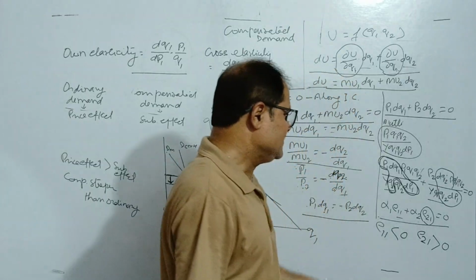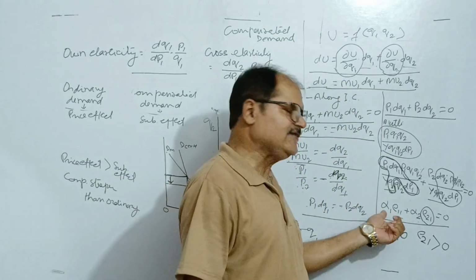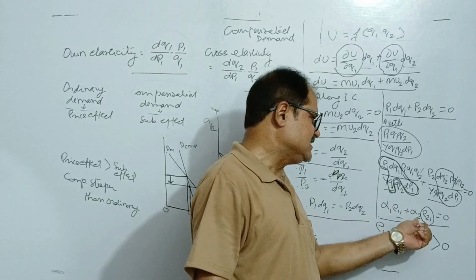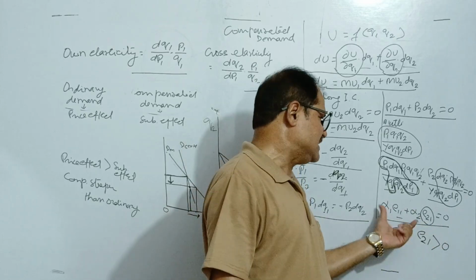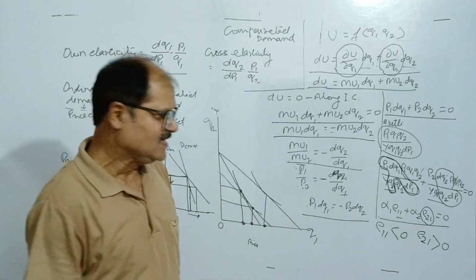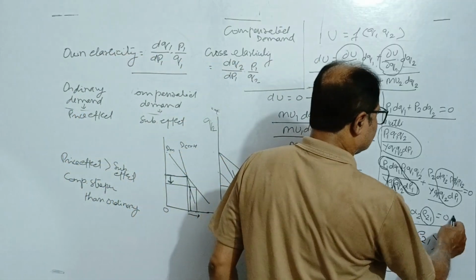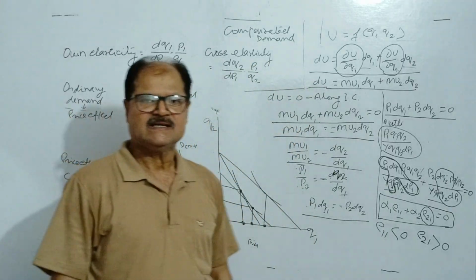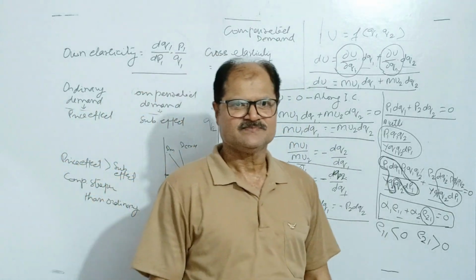Because if this expression is negative, share can never be negative. If this one is negative, this becomes positive. So this must be positive, so that this sum total can be 0. This is the relationship between cross and own elasticity of a compensated demand curve.